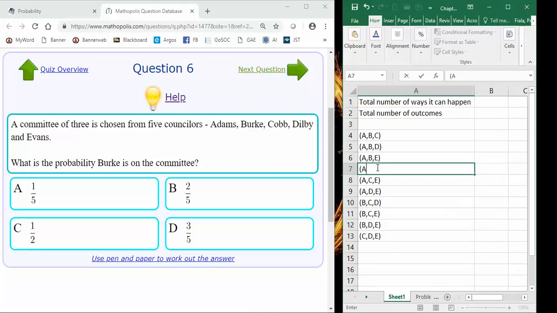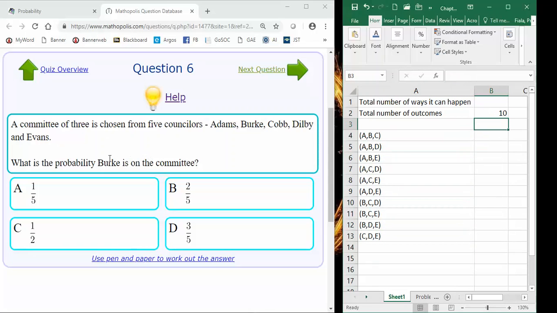We can also do A, C, D. We don't have that, do we? We have C, E. Okay, A, D, E, A, C, D. I think I got everybody covered. 1, 2, 3, 4, 5, 6, 7, 8, 9, 10. 10 ways it can happen.